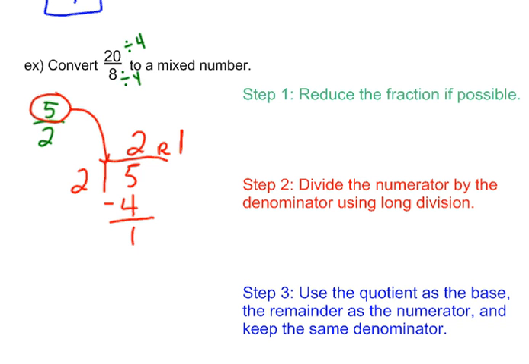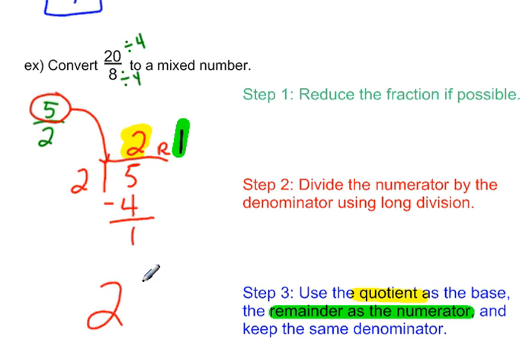Now step 3 says use the quotient as the base. The quotient is the 2. So the 2 is going to become the base of my mixed number, which is the large number. Then it says use the remainder as the numerator. Now our remainder in our problem was the number 1.